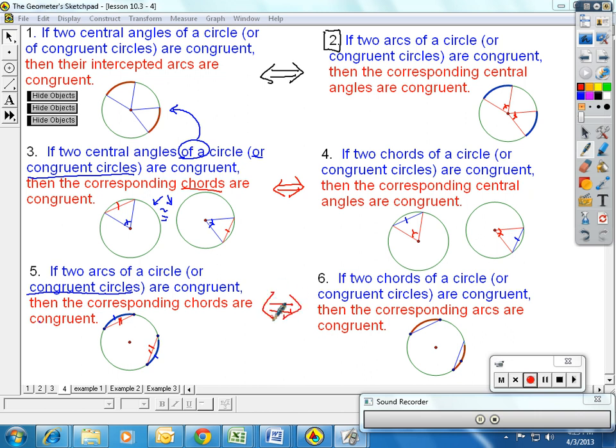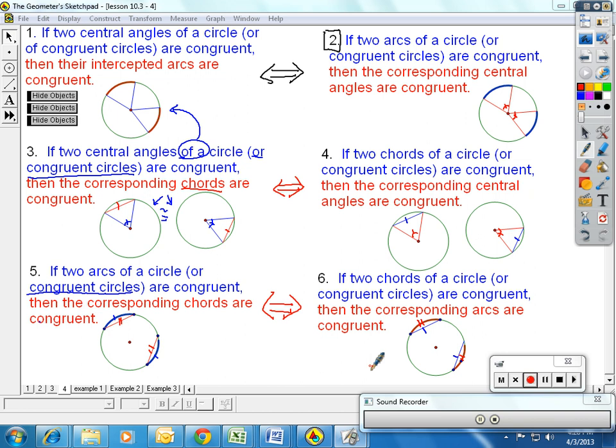Biconditional, number 6. I'm starting with the chords and say that those chords are congruent. Then I can conclude that their arcs are congruent. Again, summarizing those 6 relationships between these 3 different parts of a circle.